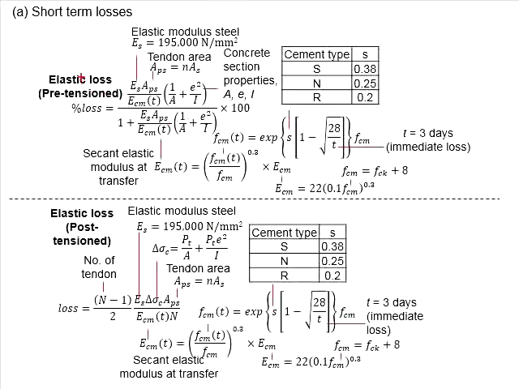If you look at the two sets of equations, the equations differ slightly due to the different mechanism of losses. However, both of them are related to the elastic losses. Therefore, they share a similar set of parameters.